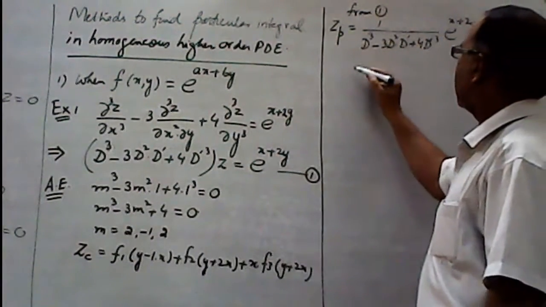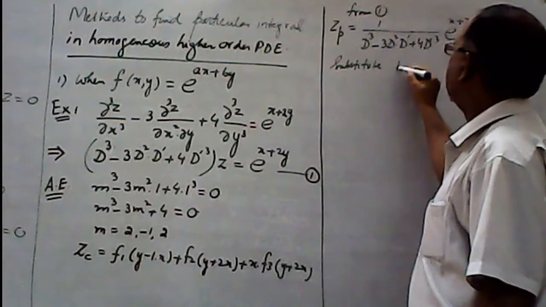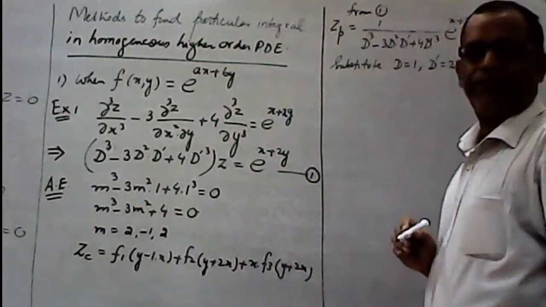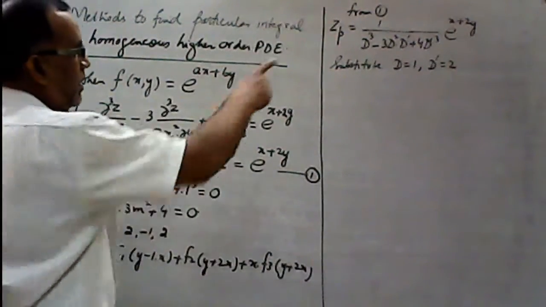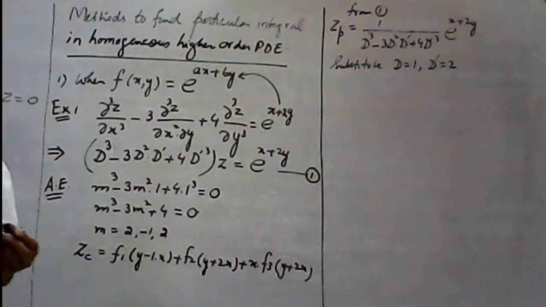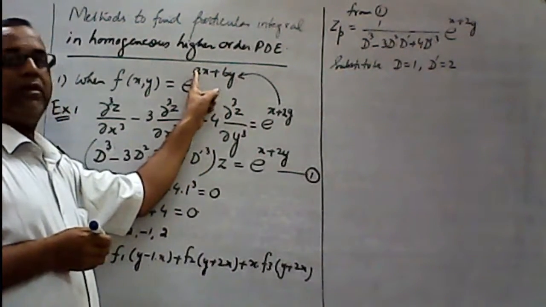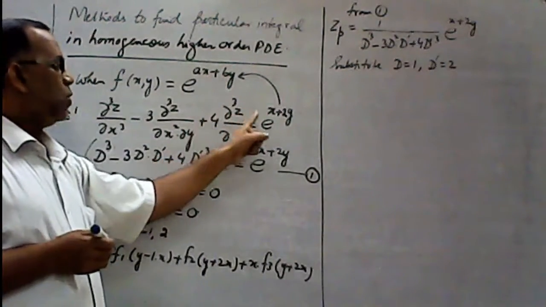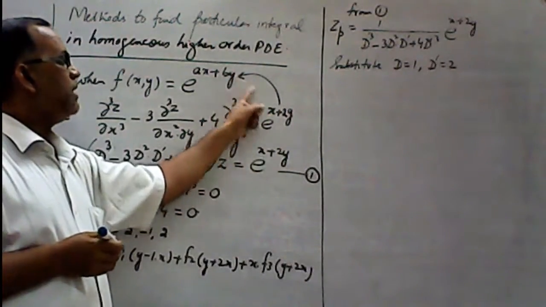So now here substitute d is equal to 1, d dash is equal to 2. How do I get this? Just equate the given e power x plus 2y with this. The coefficient of x will be known as a and the coefficient of y will be known as b. So here the coefficient of x is 1, so a is equal to 1 and b is equal to 2.